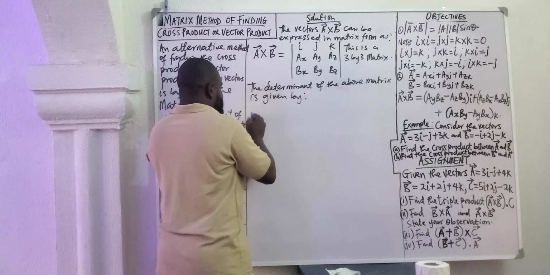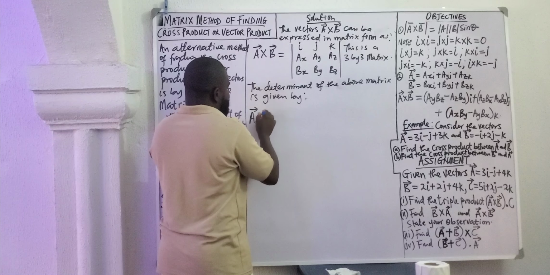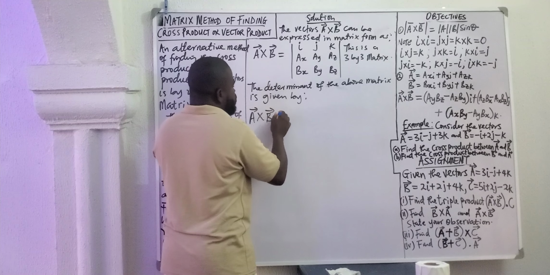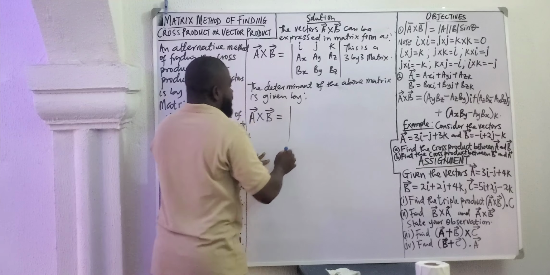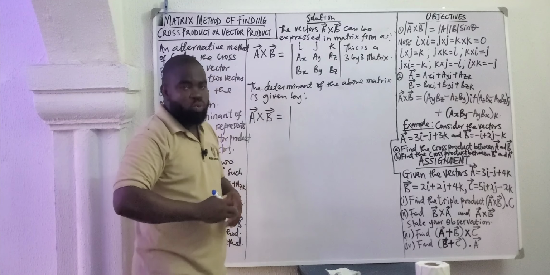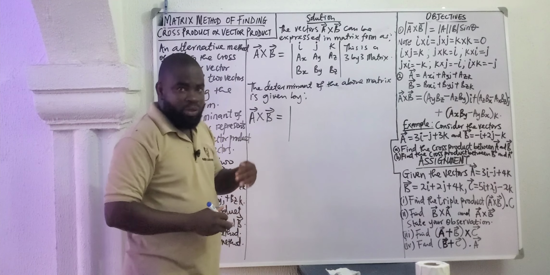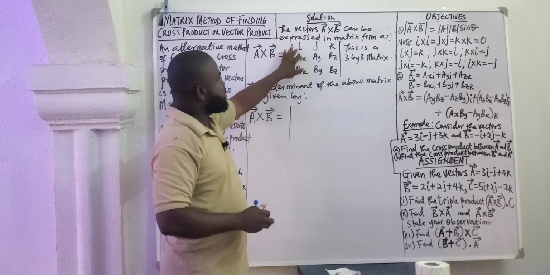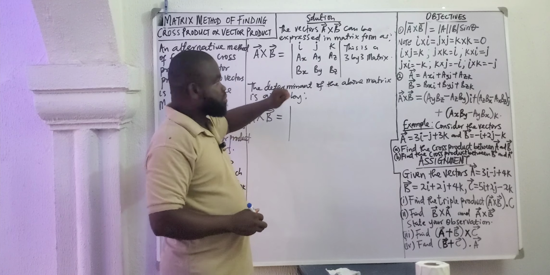now I'm going to reduce this 3 by 3 matrix to a 2 by 2 matrix. How will I do that? There's what we call the positional sign of every member in this matrix.